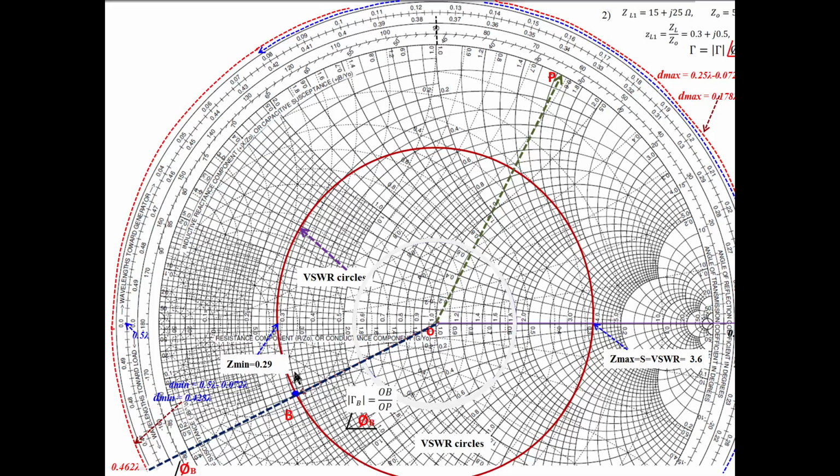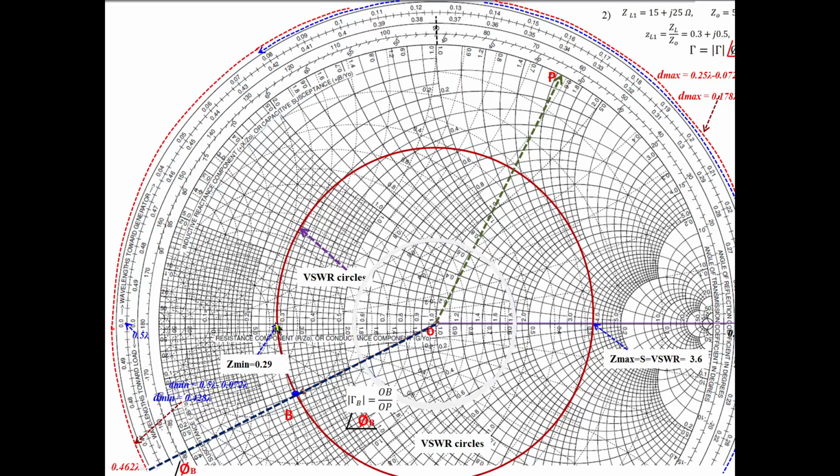In this problem, as you start from the load and move in the clockwise direction, we come to the minimum impedance first. Z minimum is observed first, and afterwards comes the maxima. Always, maxima doesn't come first. It depends upon the load value. So for this example, start from the load and move in the clockwise direction.